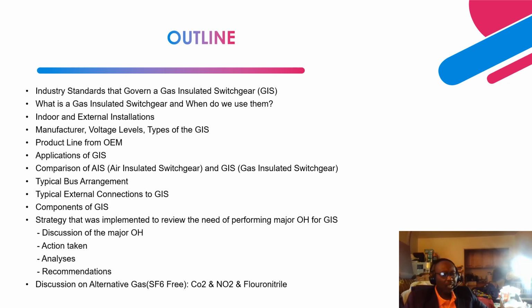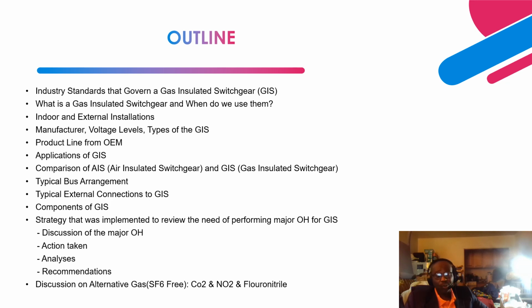Then we'll talk about the components of the gas insulated switchgear. The gas insulated switchgear has different components, and we'll basically delve into all these different components. And just to make a mention of it, we have the circuit breakers, we have the disconnect switches, then we can have earth disconnect switches or fast earth disconnect switches.